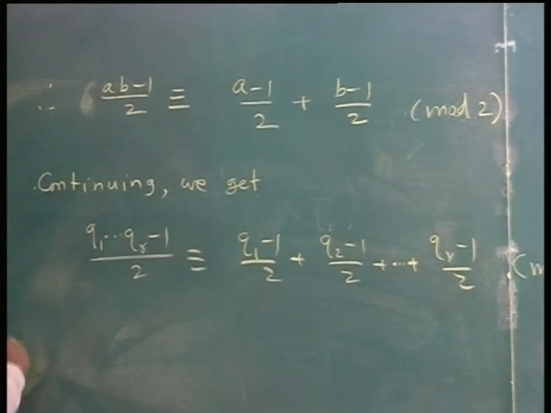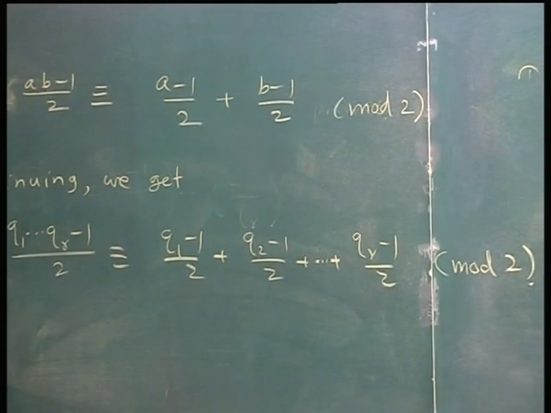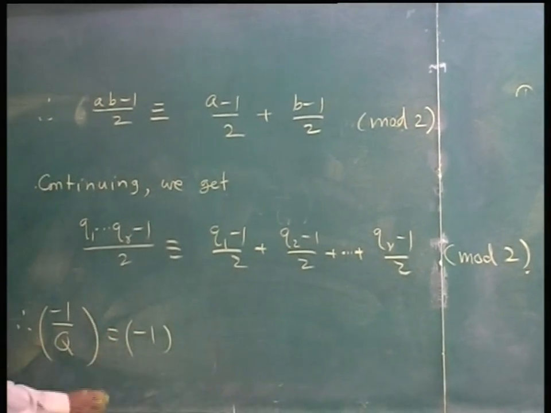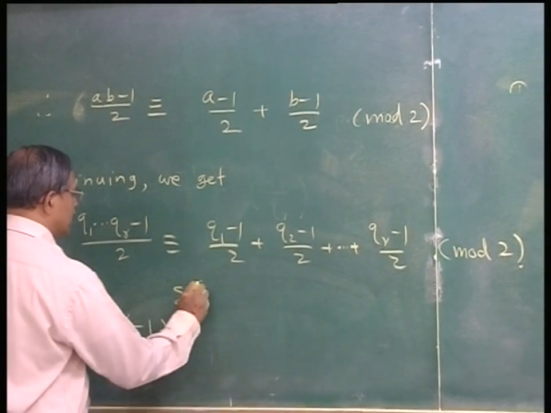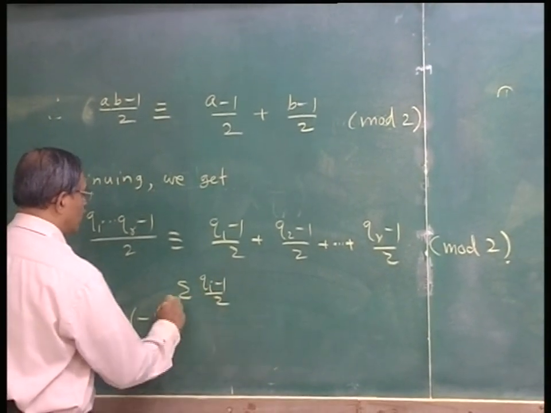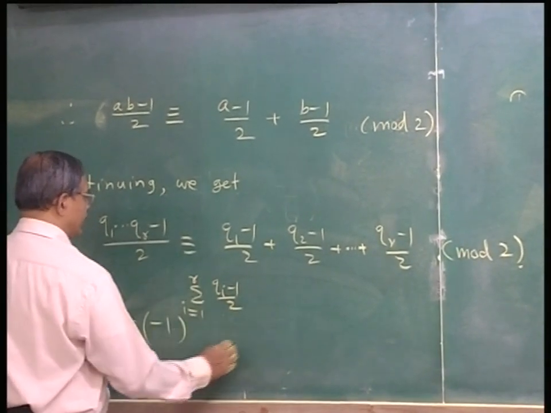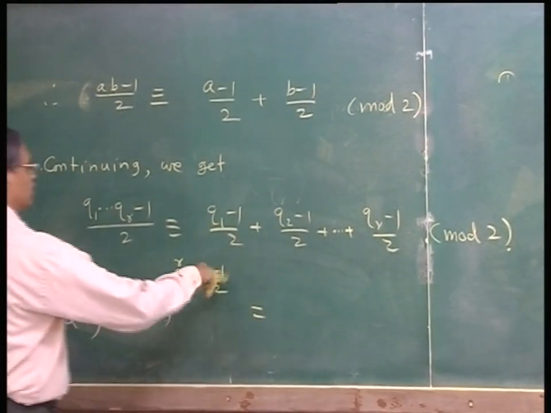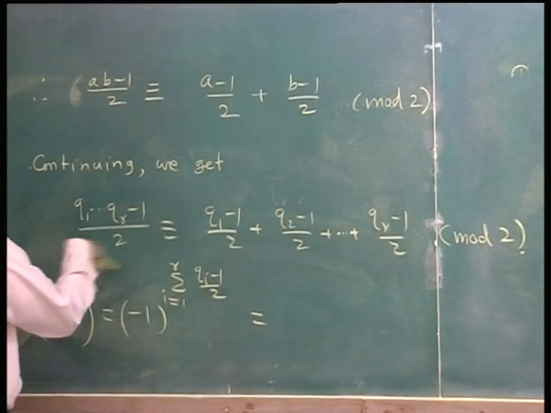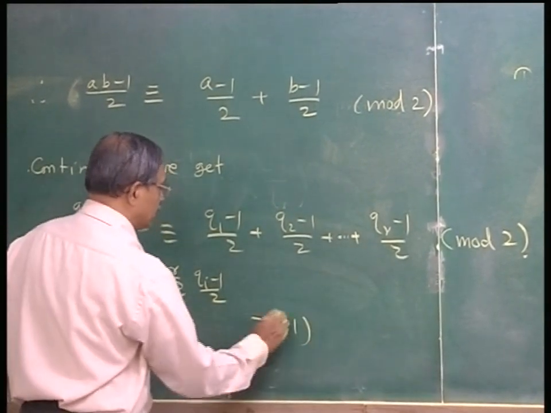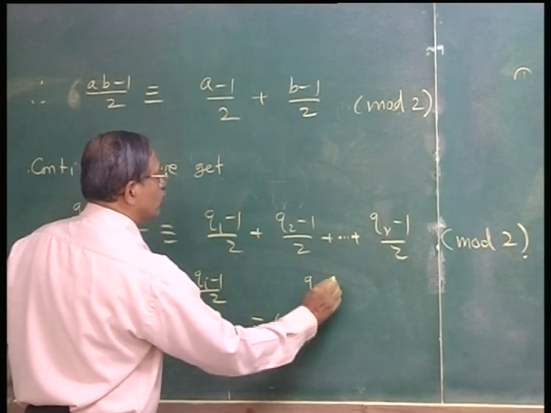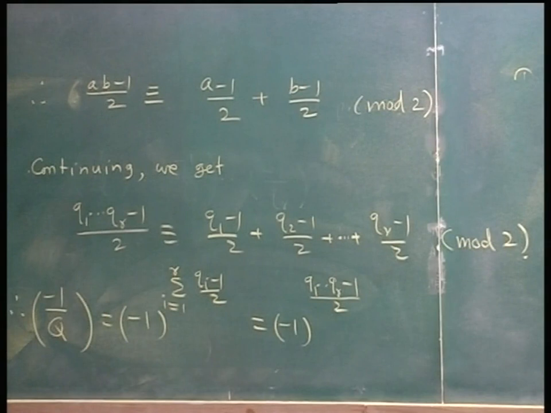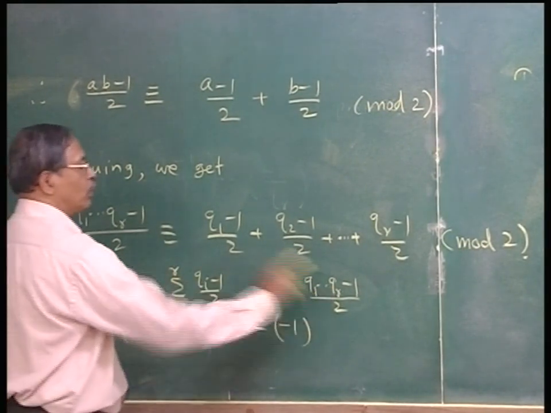This means that (-1/Q), which had come out to be (-1) raised to the summation of (Qi-1)/2, i equal to 1 to r, this quantity is congruent to this quantity. So it is (-1)^((Q1Q2...Qr-1)/2), because these two are congruent mod 2.